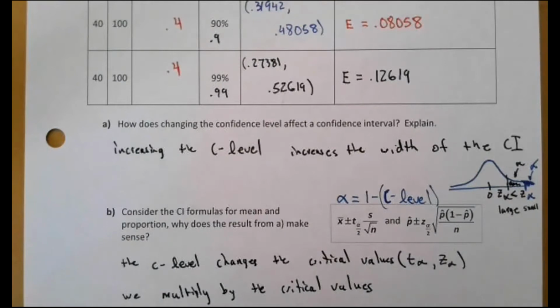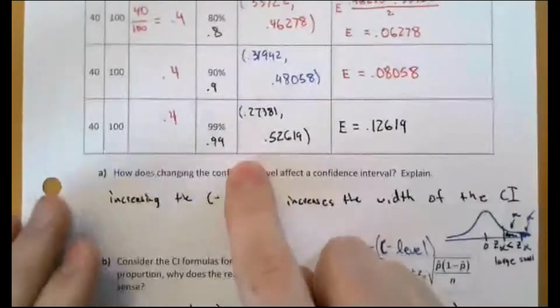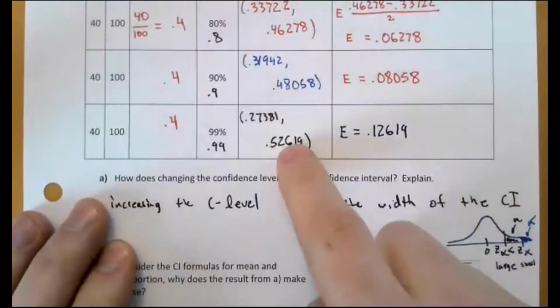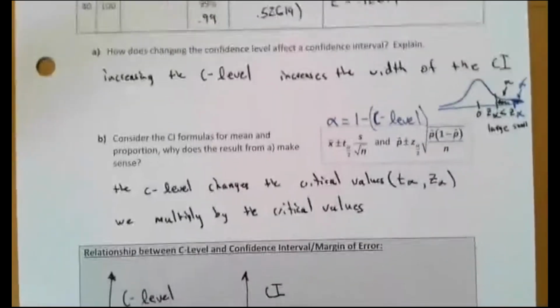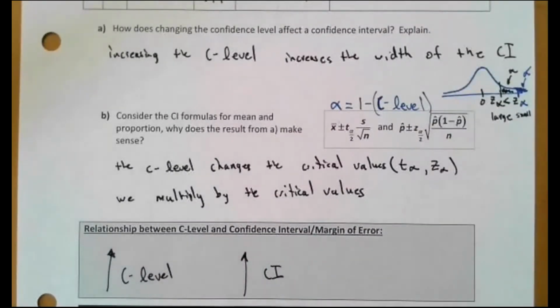It's not useful for me to say that the mean score for this class is going to be between 0 and 100, because those are all of the options. I'm not really saying anything. So at some point, you have to balance what confidence level you want with what kind of information we're going to get from it. All right, what do y'all think? Is that okay?